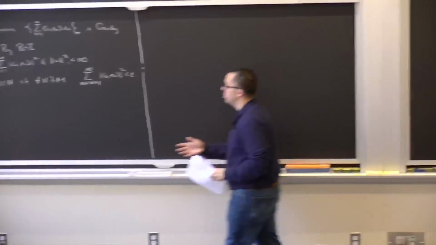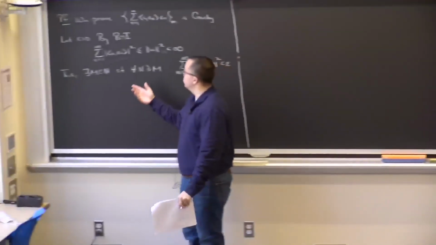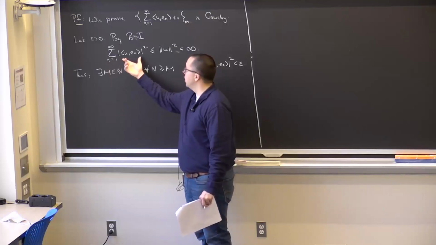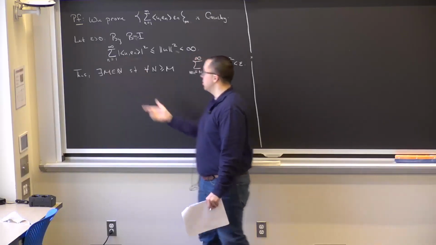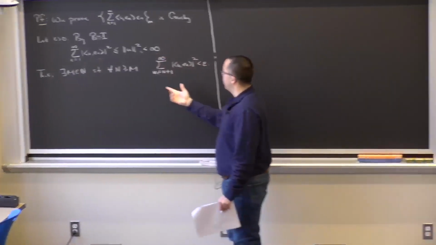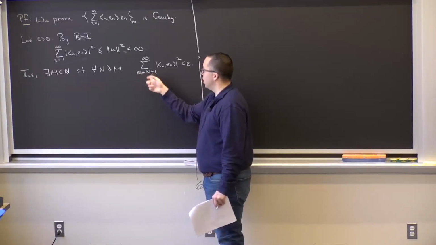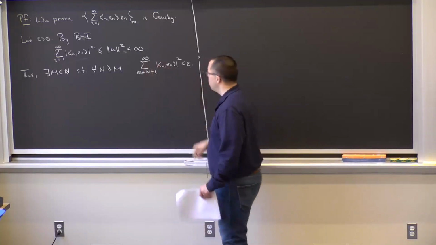You can just look back into your 18100 notes: if I have a series of non-negative terms which converges, then for every epsilon I can find a capital M so that the tail, starting the sum at a large enough entry, will be small.